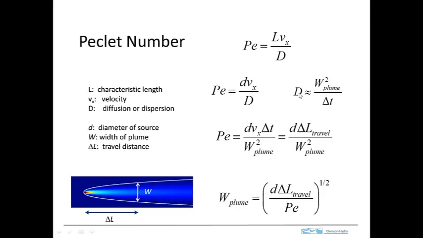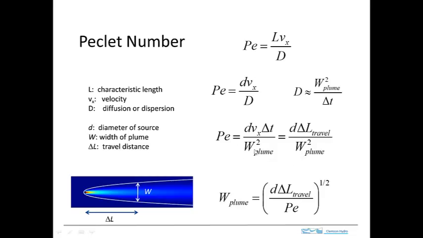And if we then substitute this D in there, then we get the Peclet number that's defined like this. And we can recognize that the velocity times the travel time is simply the distance of travel, and so there's delta L. And so we can simply substitute it in right there.